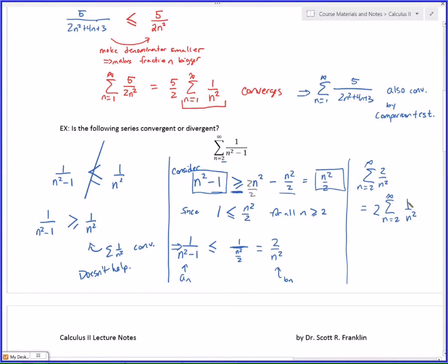And as you already told me, this thing converges, which means that my original series converges by comparison test. Again, I found a series whose terms are always above my series, and I know that series converges by the p-test. So this one then has to converge by the comparison test.